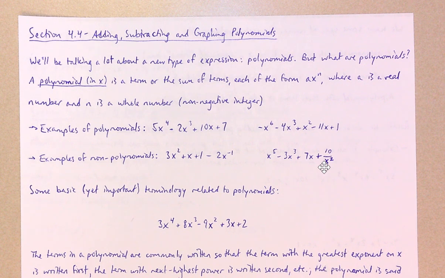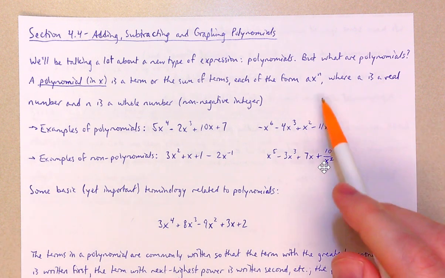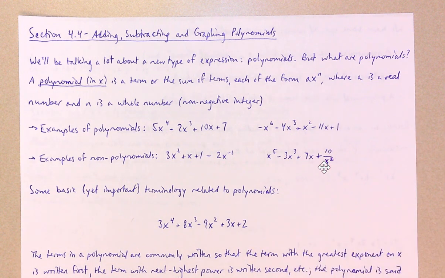A polynomial, and we specify in x, saying that x is the variable, is either a term or a sum of terms where each term is of the form a times x raised to the nth power.